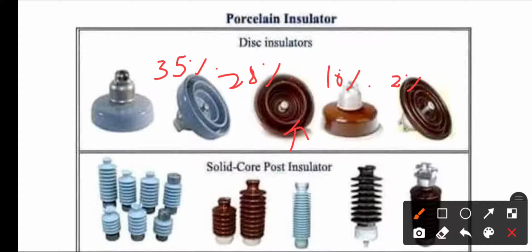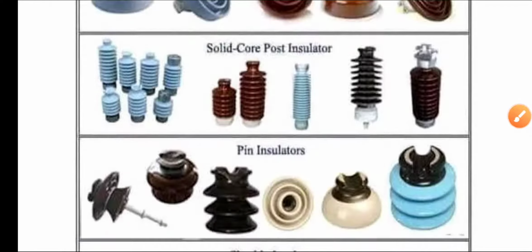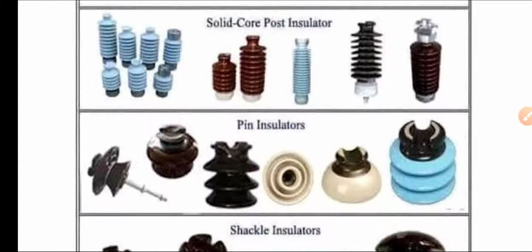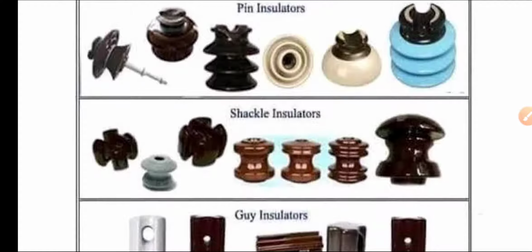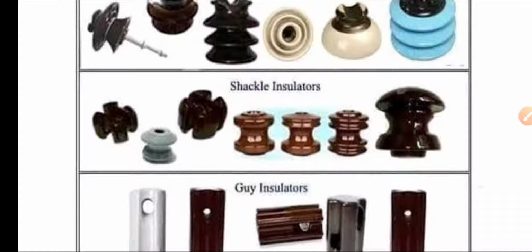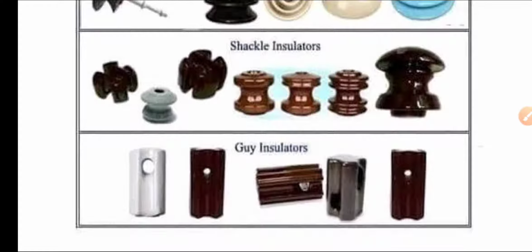If we search on Google for the meaning of the word porcelain in Hindi, Google will tell us chini mitti, china mitti. Okay guys. Solid core post insulators are used in a circuit according to different voltage capacities and temperatures. Porcelain is less hygroscopic, has good electrical and mechanical properties, and withstands higher temperature.